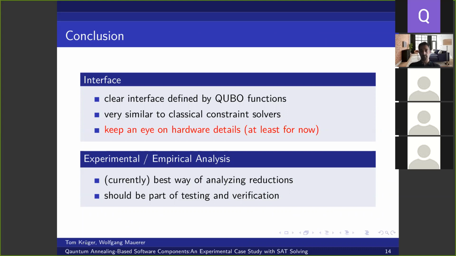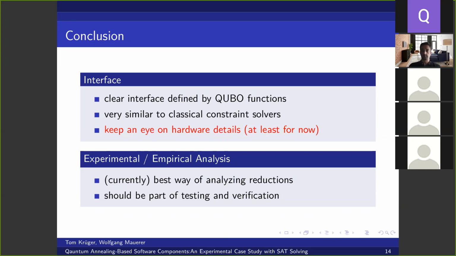But at least for now, on the current state of the hardware, developers should keep an eye on hardware details, because hardware-tailored optimizations can still lead to significant performance boosts.